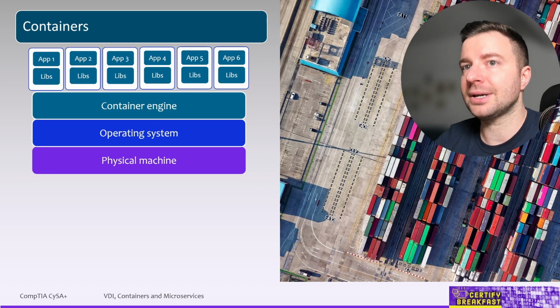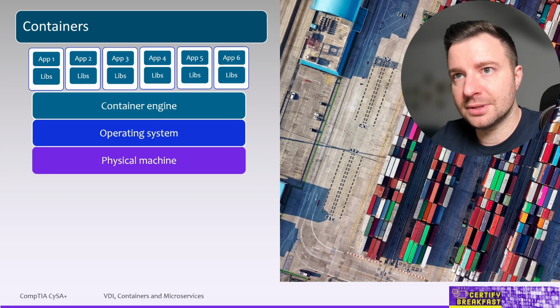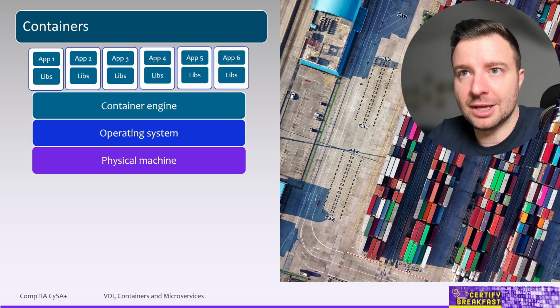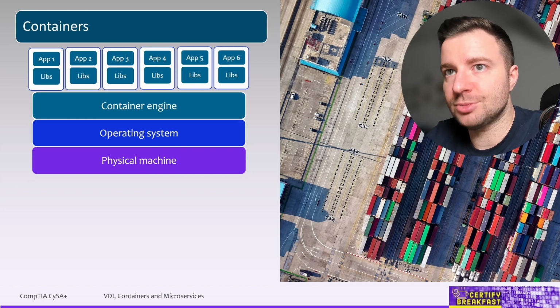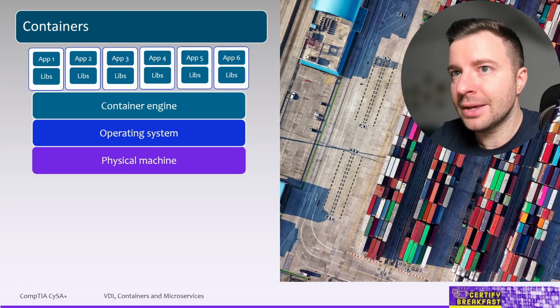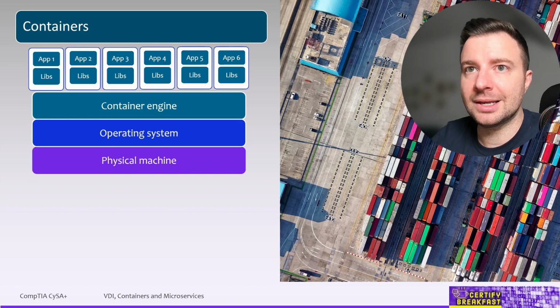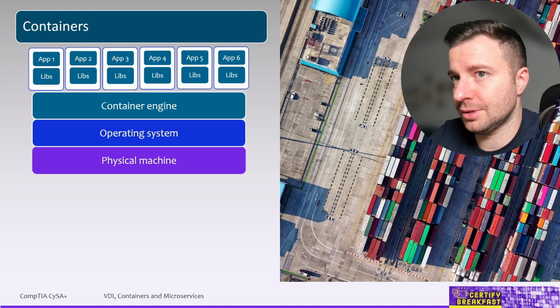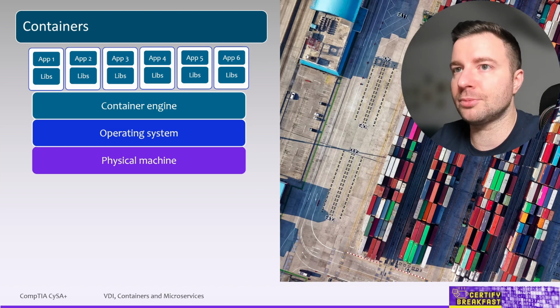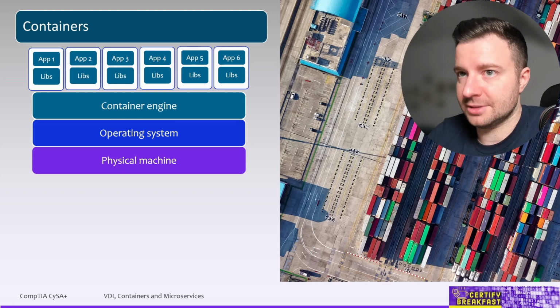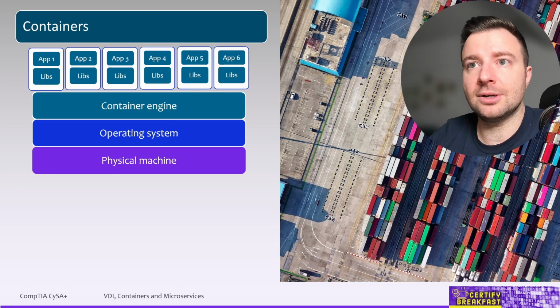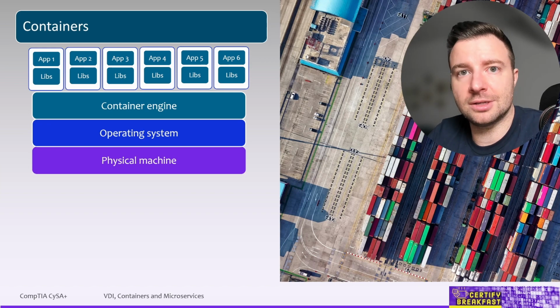Instead, containers are just isolated environments dedicated to running a single application built on top of a single operating system and managed by something called a container engine. Now, these isolated environments can have their own resources allocated to them, their own file systems, they can see their own processes. So any application that runs in such an isolated environment, that is a container, thinks that it is the only application running on a dedicated system.